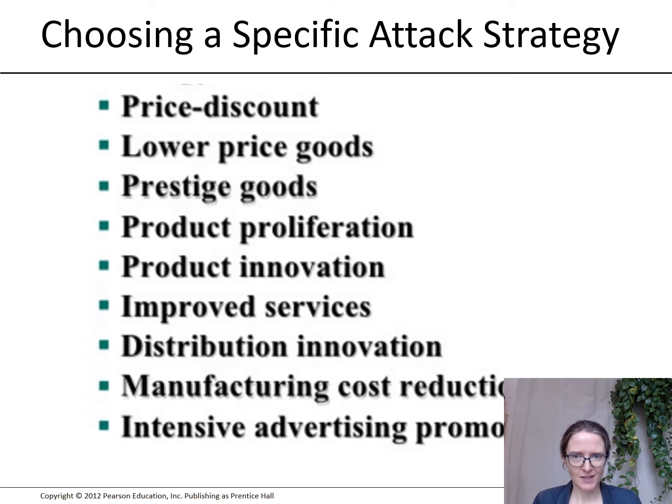And when we're choosing a specific attack strategy, we need to take into account things such as price discount. Is that going to be an option? Lowering the price of the goods, or maybe making goods more prestige, maybe having more product innovation or product proliferation, improving the services, some sort of innovation in the way that we distribute, keeping, as we mentioned in the previous slides, the manufacturing costs low, or maybe going all out on some kind of intensive advertising promotion.